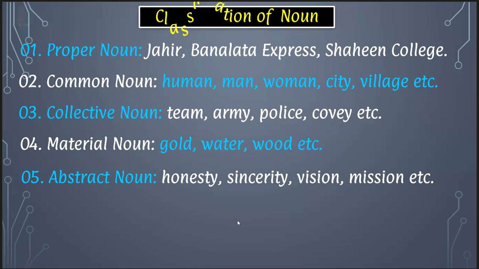So the noun that is individual or that is special to someone is called proper noun. For example, human or man is a common noun. It is common to all. But Johid or Talha or someone else is the individual name of a person.